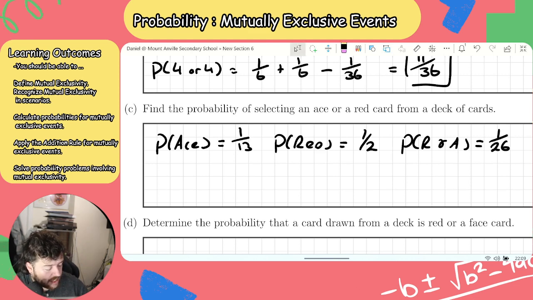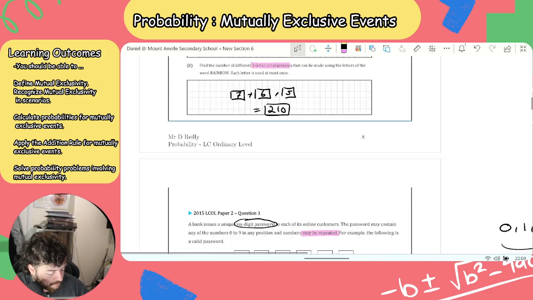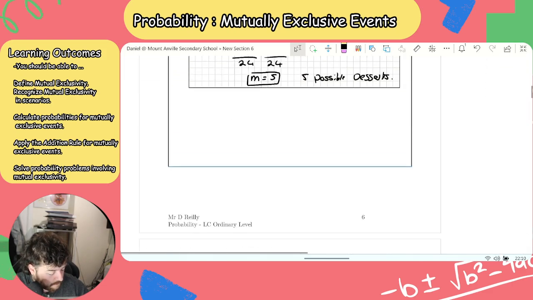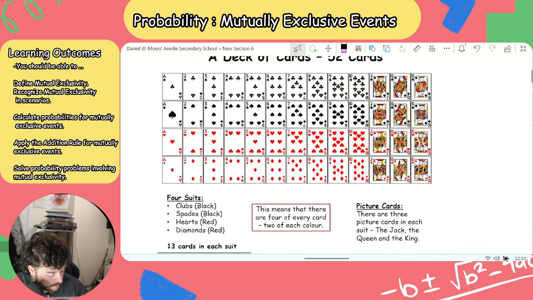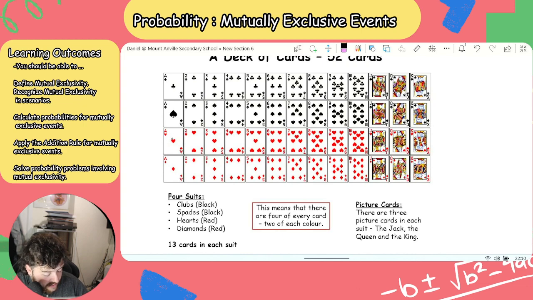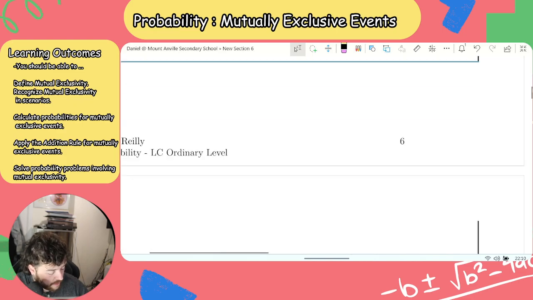I'll go up and check my little deck of cards up here. The red aces. Look, I can get an ace of hearts, ace of diamonds. So I have 2 options out of 52, which breaks down to 1 in 26.